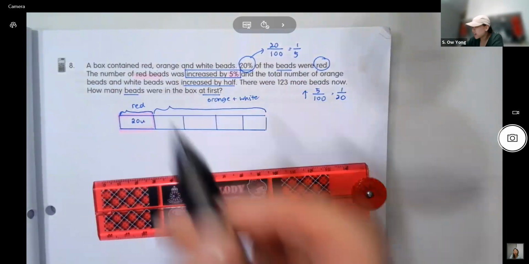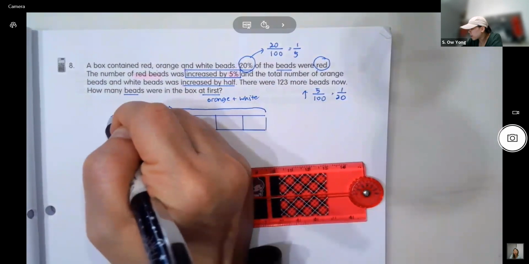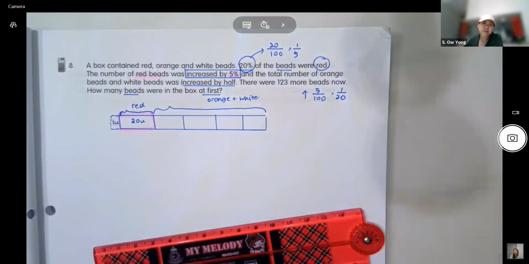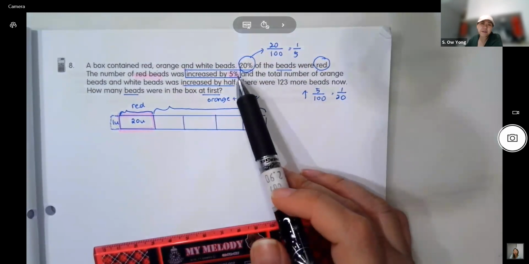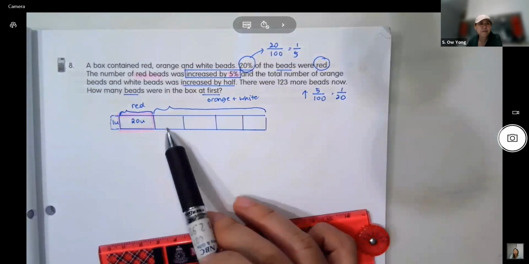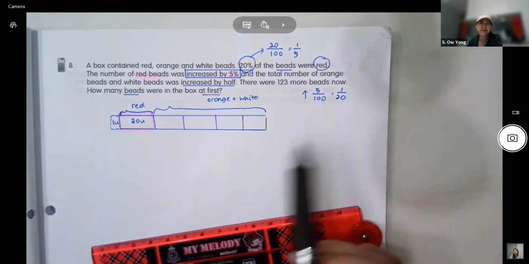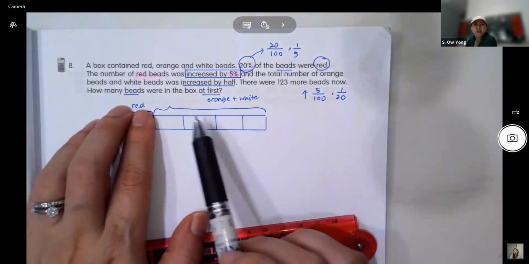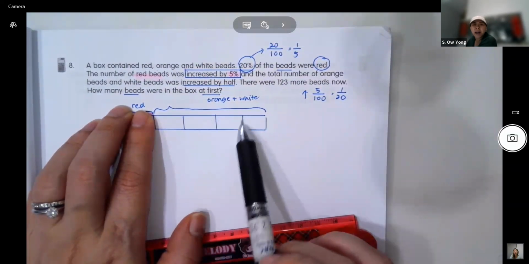But now it increased by 1 unit. That's what it means, increase by 5%. Of course, you can also write 100% here, then 5% here, then you will be battling with a lot of numbers.